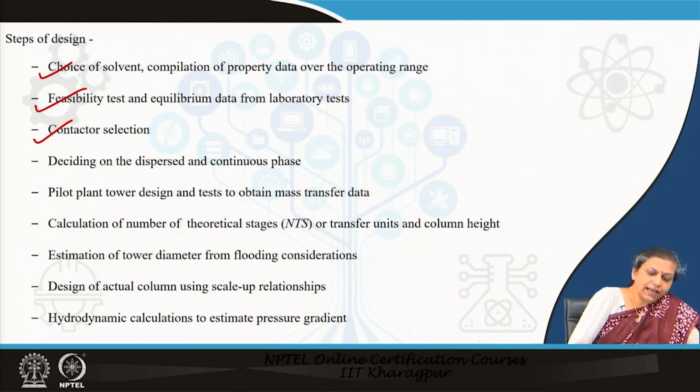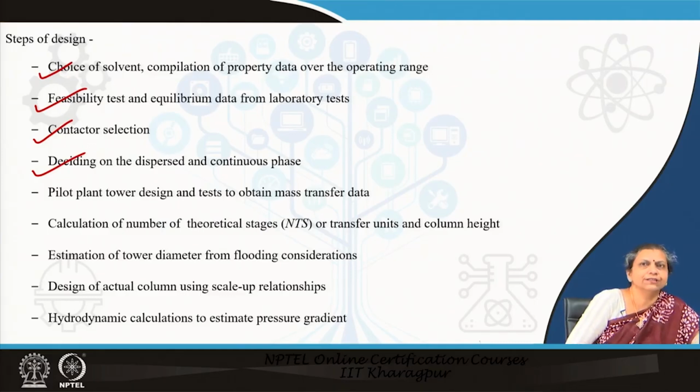After the contactor selection, you have to decide on the dispersed phase and the continuous phase. This also we had discussed in the last class: the main factors are interfacial tension, relative viscosity, and the flow rates. I had also mentioned that the higher flow rate is dispersed for the packed bed and the sieve tray, and the lower flow rate is dispersed for all other types of tray.